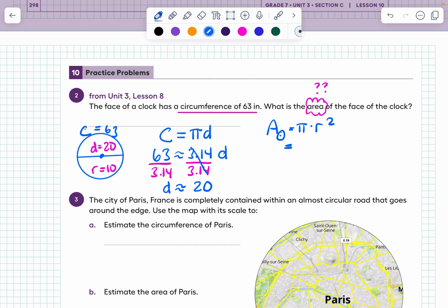So I have, hold on a second, I'm going to do approximation, 3.14 times 10 squared. 10 times 10 is 100, and 3.14 times 100 is 314 square inches. That would be my final answer.